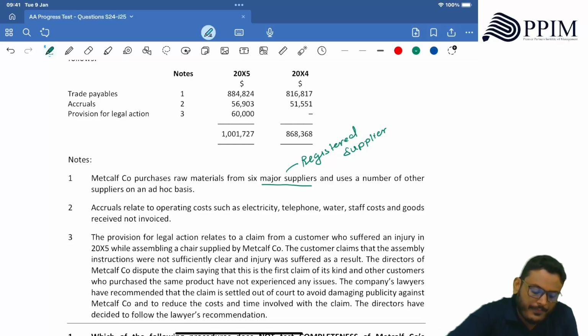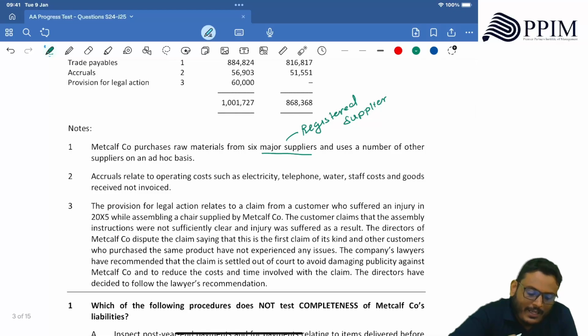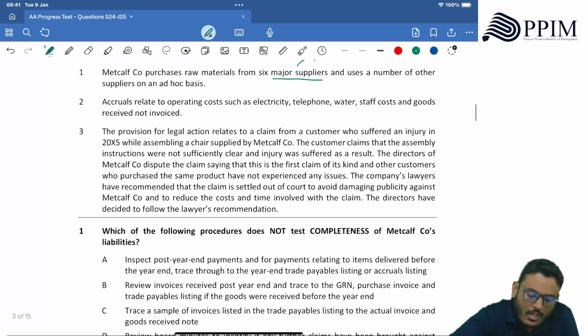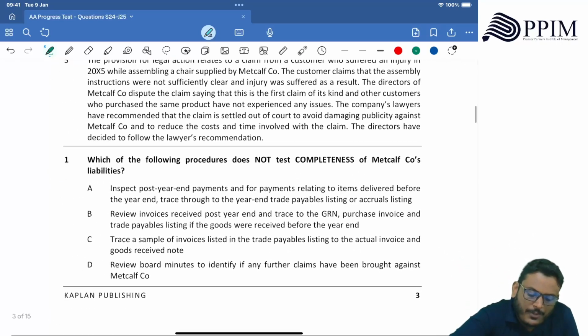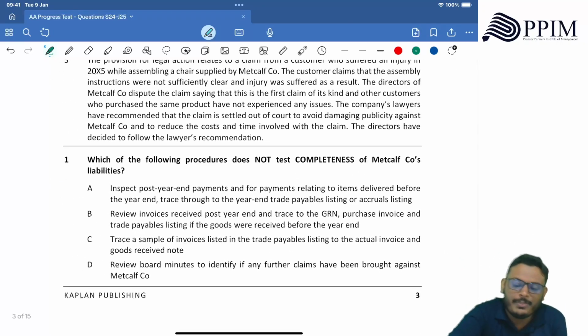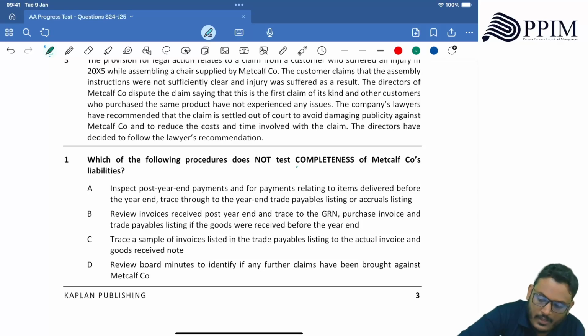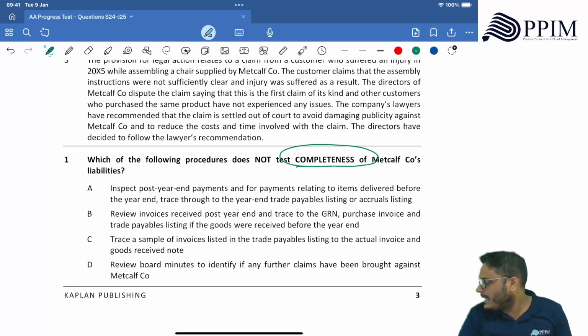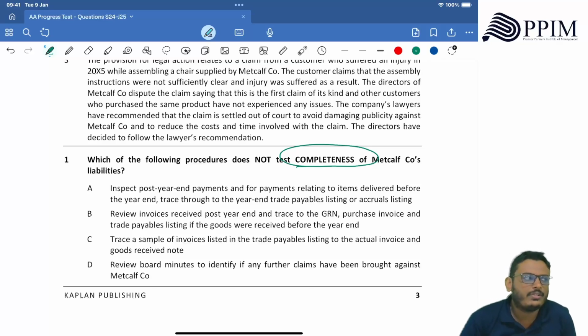So here see, accruals relating to operating costs such as electricity, telephone, water, that information is given. Question, which of the procedures does not test completeness? Completeness is an assertion.